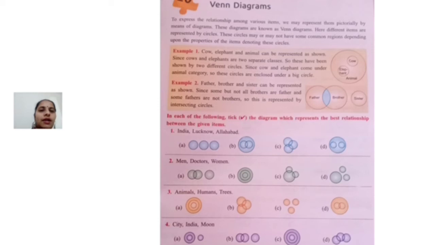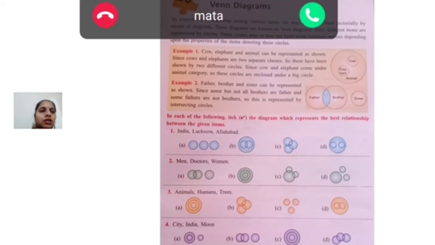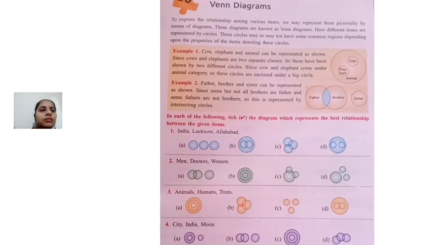So India should be a main circle, but Lucknow is a different city and Allahabad is a different city. So that is why A is a wrong answer, because it has shown different circles. B is also a wrong answer, because Lucknow and Allahabad both are not intersecting with each other. Lucknow is totally different and Allahabad is totally different.